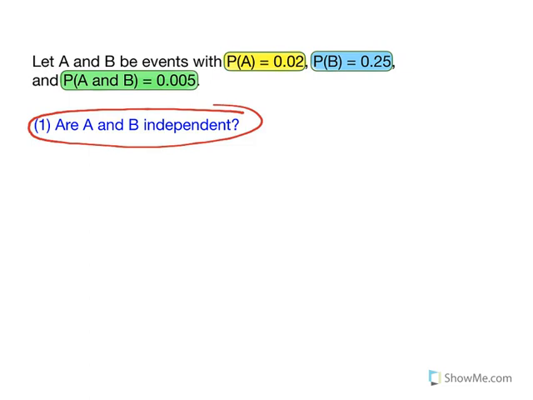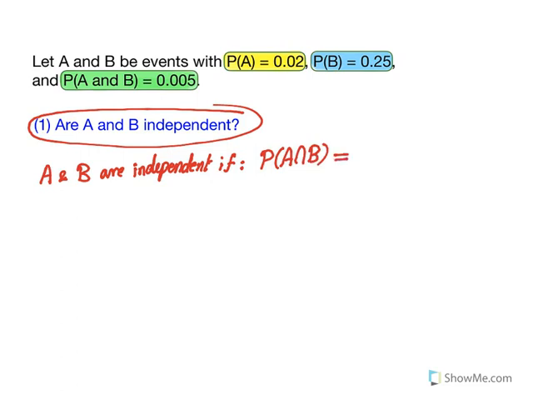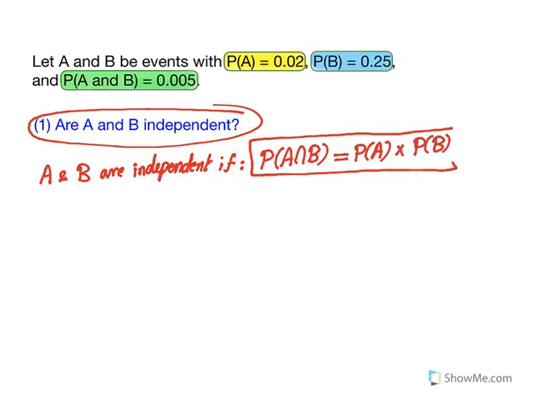The first one is, are these two events independent? So you should ask yourself first, when are two events independent? We know that A and B are independent if the rule is the probability of A and B should be the same as the probability of A multiplied by the probability of B. This is the rule, that if it is true, then they are independent.